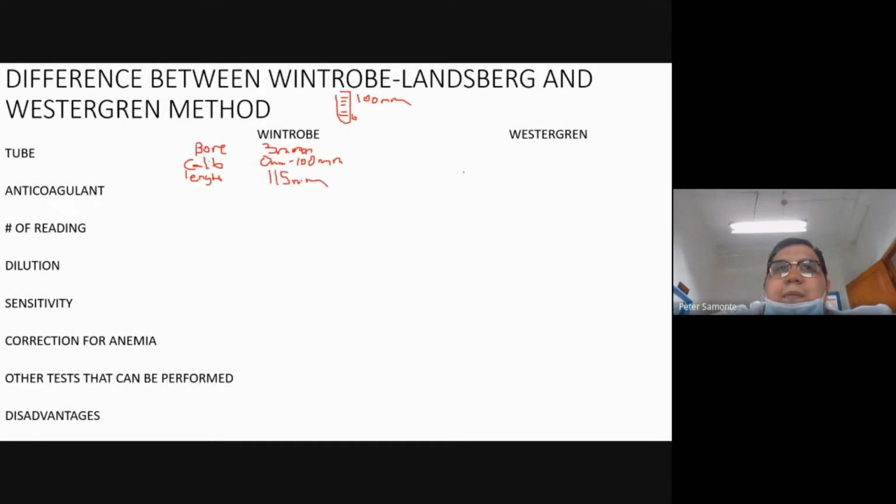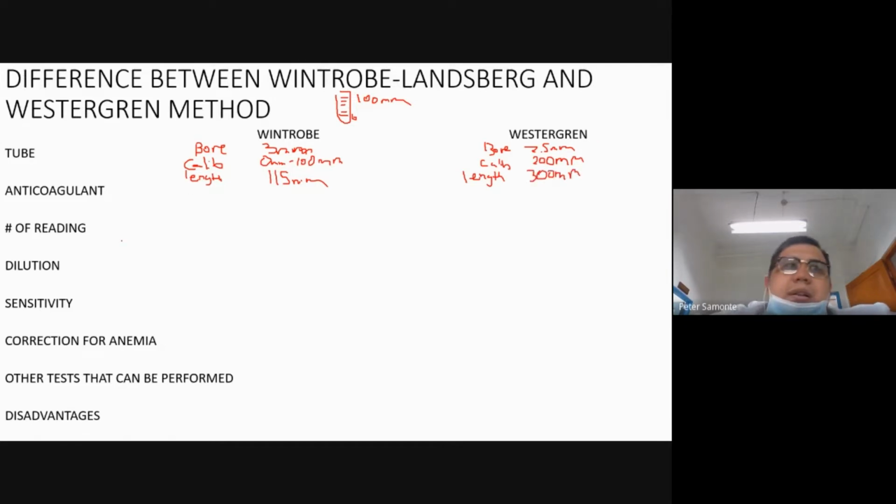While your Westergren naman class, ang bore niya is 2.5 millimeter. Ang calibration niya is up to 200 millimeter. And yung length or yung haba is up to 300 millimeter.